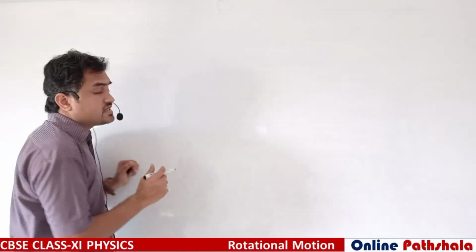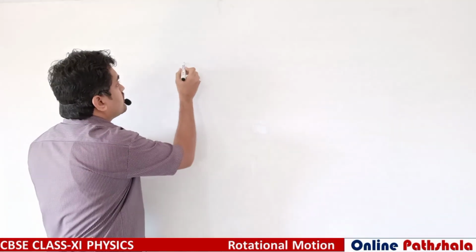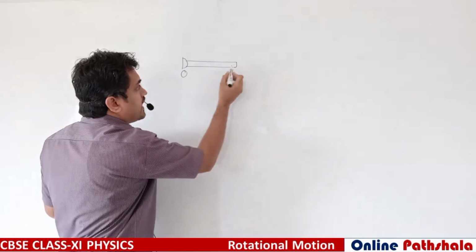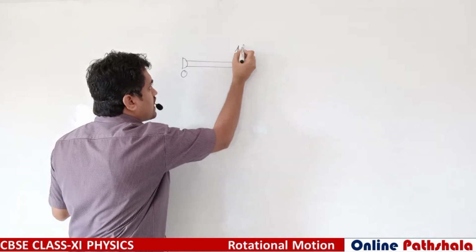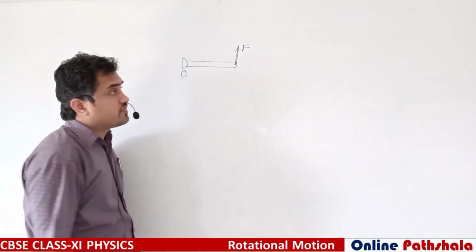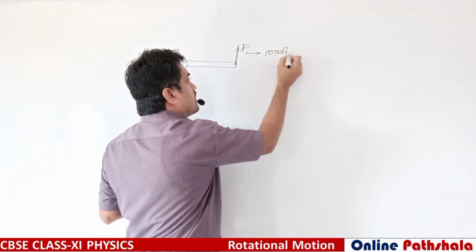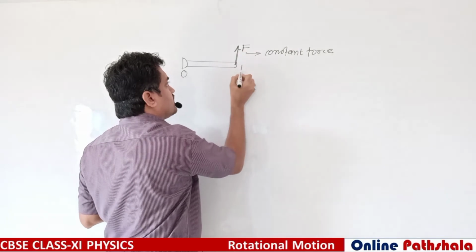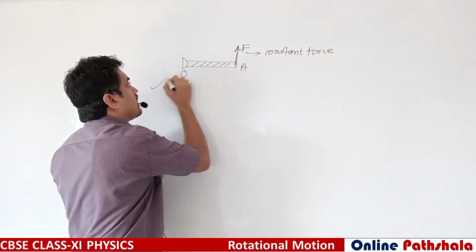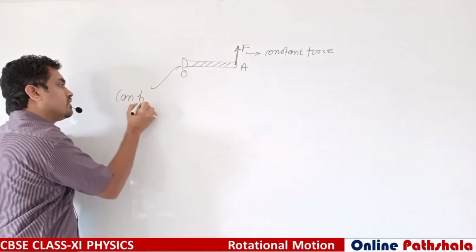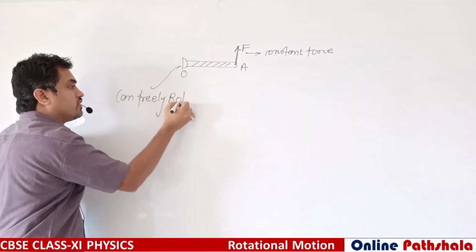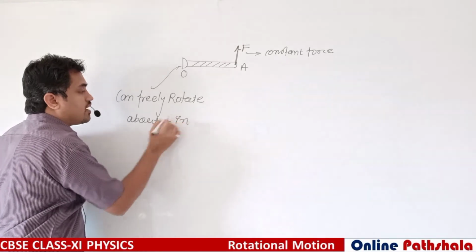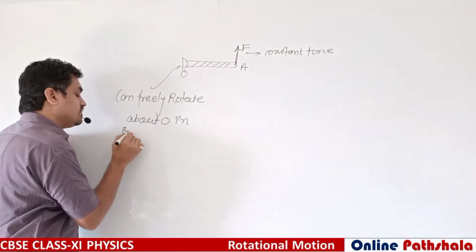Let us consider a rod fixed at one end O, and we are applying a constant force F at the other end A. This rod can freely rotate about O in a vertical plane.